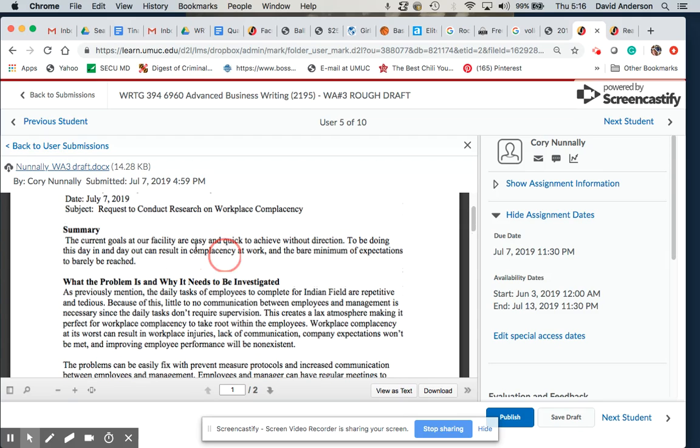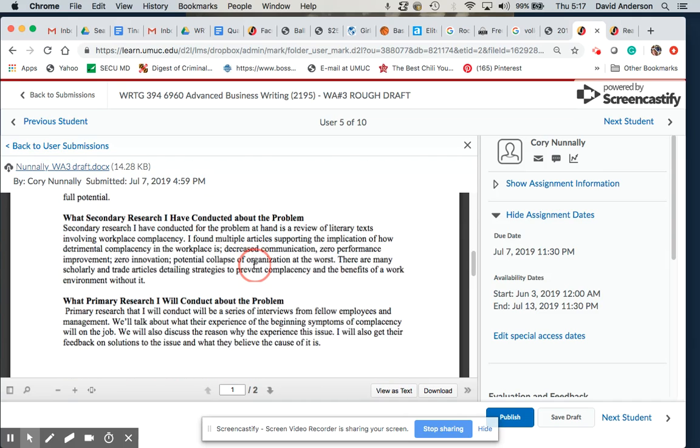All of that can be underneath the subtitle or the topic of complacency in the work. Complacency at our workplace has resulted in 3 separate issues. The first is the work is repetitive and mundane and boring. People are just like robot machines. Number 2, there's no communication between staff and management. And number 3, there's no professional development to help get out of this rut. So I think that's what you're saying, and the whole topic is complacency.